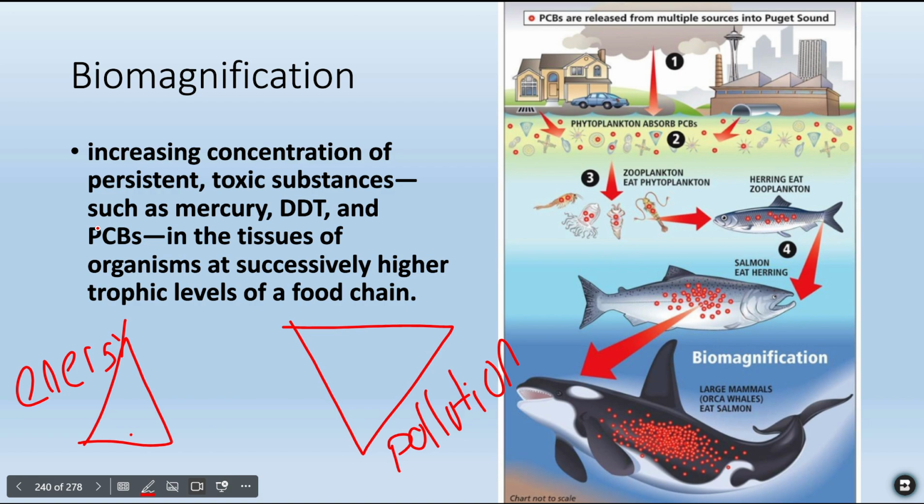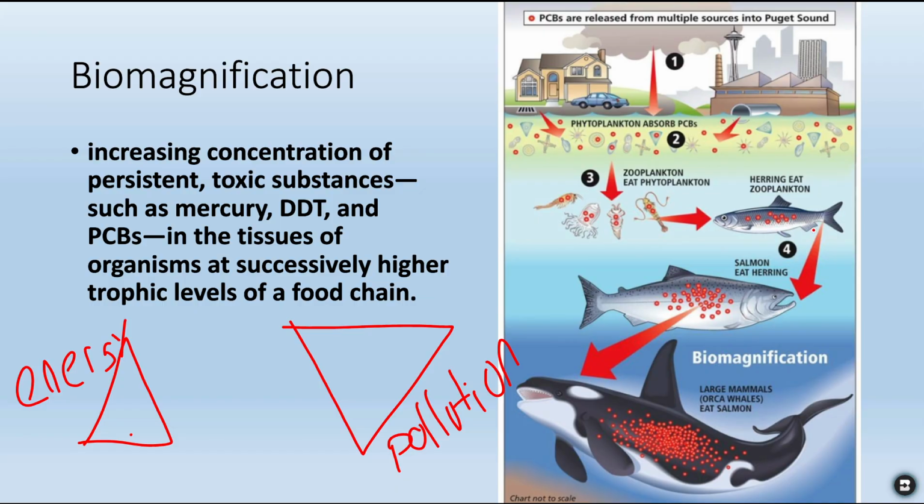Now, this is because organisms, like let's say this killer whale, eat a lot of organisms below them because they don't get as much energy from them. So plankton, primary consumers, they eat a little bit of these producers. They don't need that much. They're not that big.